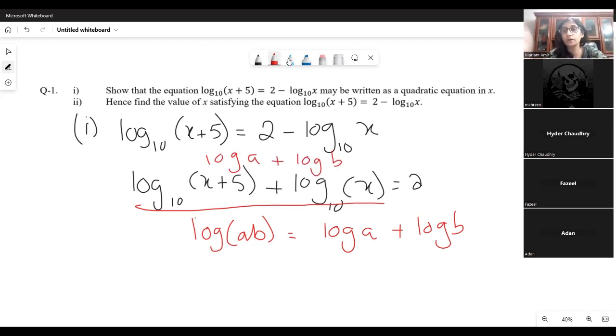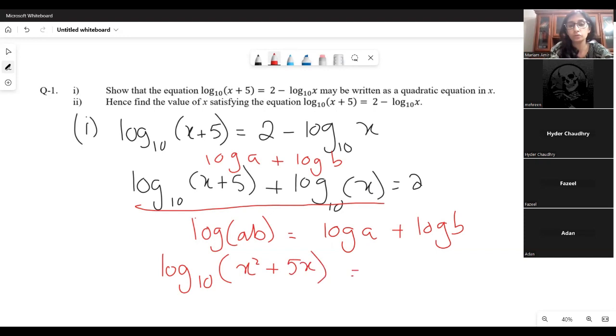We will merge this into a single log term and take the product of x plus 5 and x. So we are going from left to right, from the left-hand side. So log base 10 of the product of (x plus 5) and x, which is x square plus 5x, equals 2.